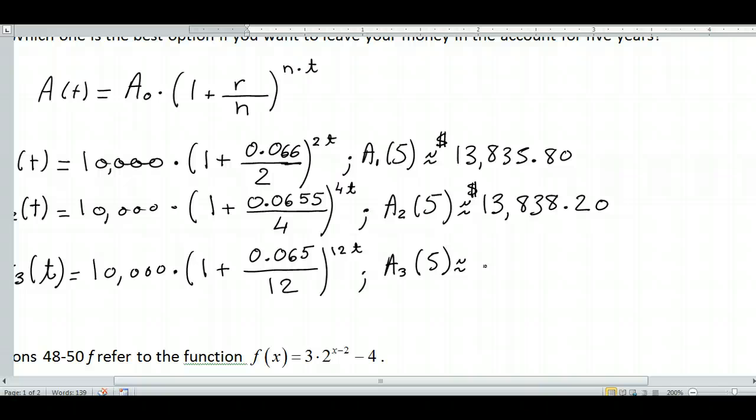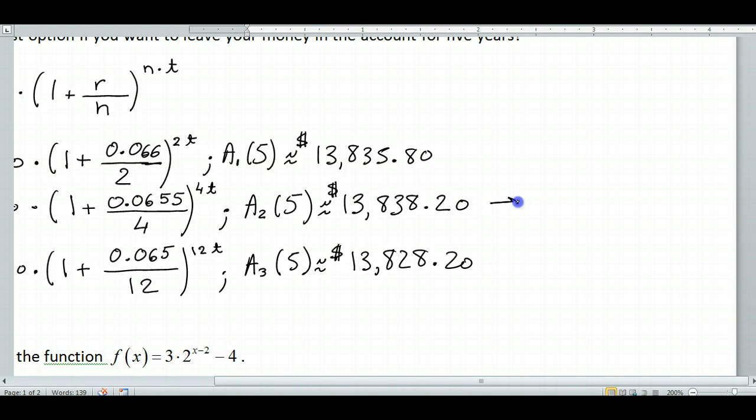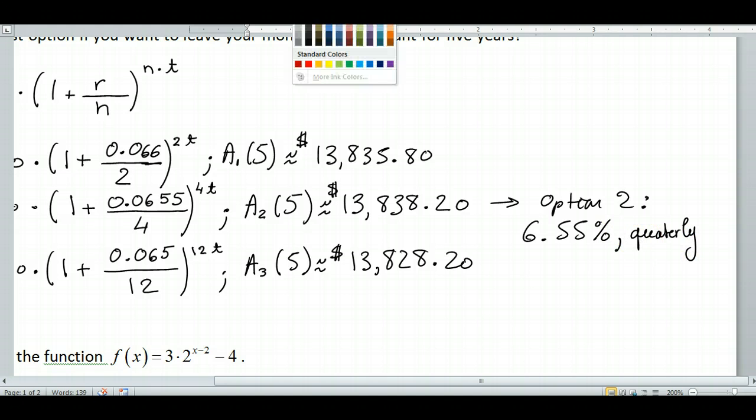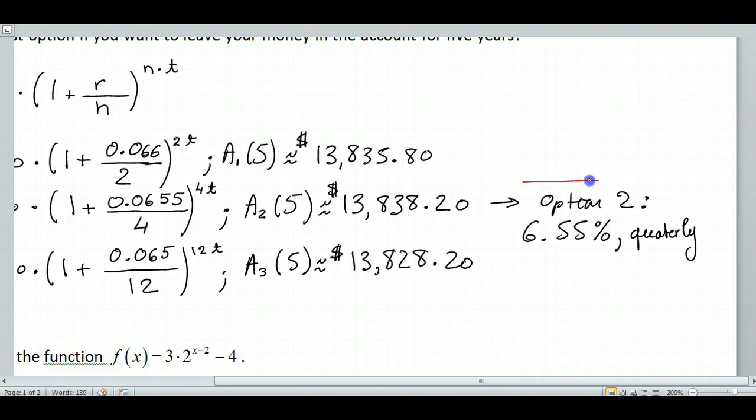And here it is, $13,828.20. Okay, so the best option is option 2, 6.55% compounded quarterly. That's the best option. Okay, so you need to know this formula.